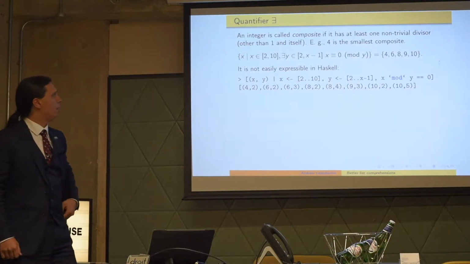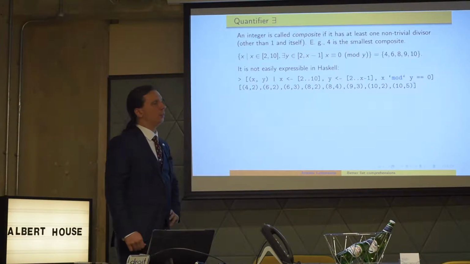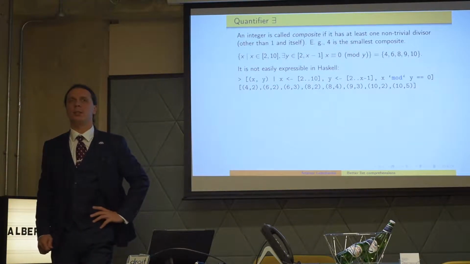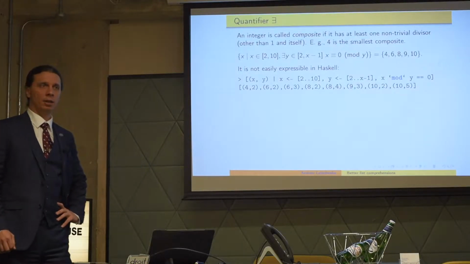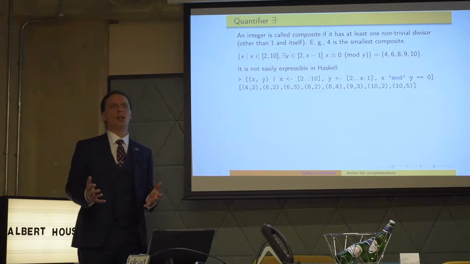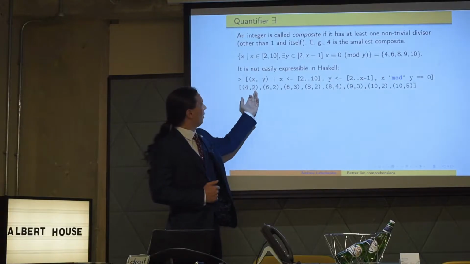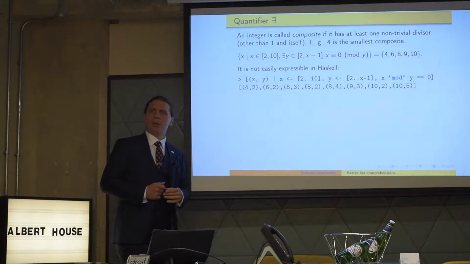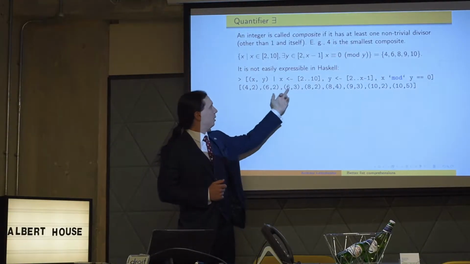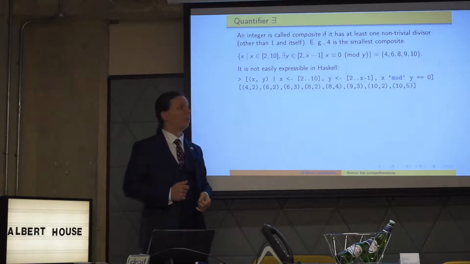I can try this, but obviously it's not quite satisfactory, because I asked just for a simple list of composite numbers, and what I get is much more information than I would like to have, and some numbers occur multiple times because they have more than one divisor.